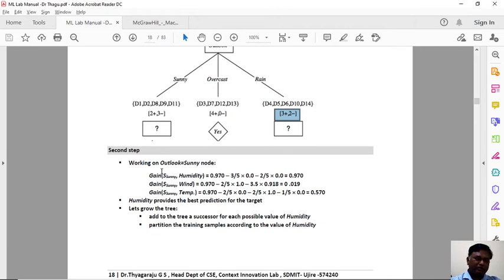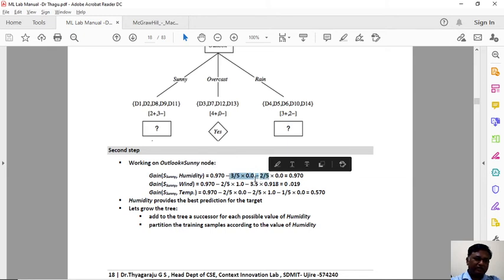Here sunny is your superset and the remaining 3 are your subset values. That superset, sunny entropy, is 0.970. You apply it in the entropy formula and you see the remaining humidity. Under sunny humidity, how many yes cases and no cases, that is given here.